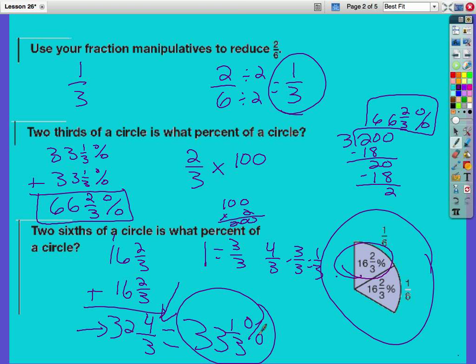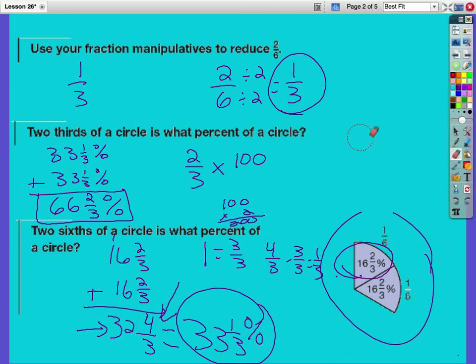Now, Mr. Lehman, I don't have my fraction manipulatives. Well, remember that we can multiply our fraction times 100. So I have 2/6 times 100. Once again, I'm going to do my multiplication first.